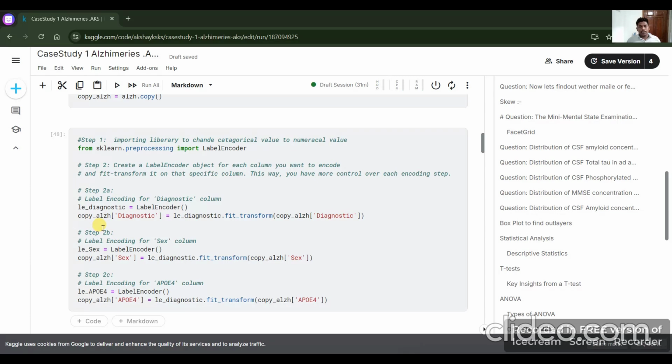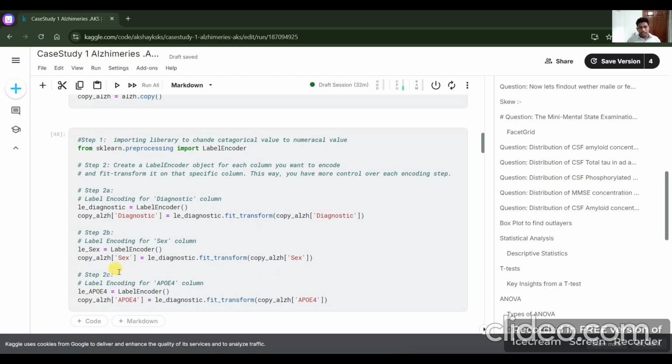copy_lzh diagnostics equals le_diagnostics fit_transform of copy_alf diagnostics. Step 2: label encoding for the sex column, labeling the sex.